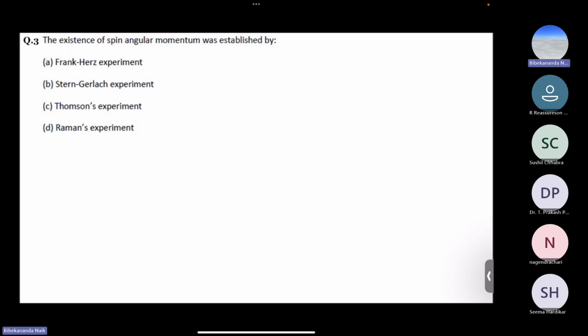The Frank-Hertz experiment basically explained the existence of excited levels in an atom. If in the experiment there is electron collision, then some specific amount of energy will be supplied to the atom.